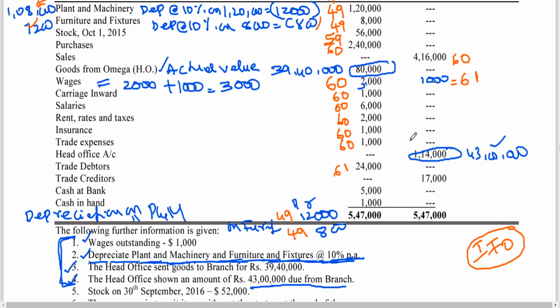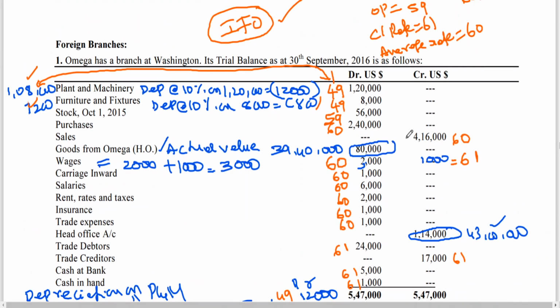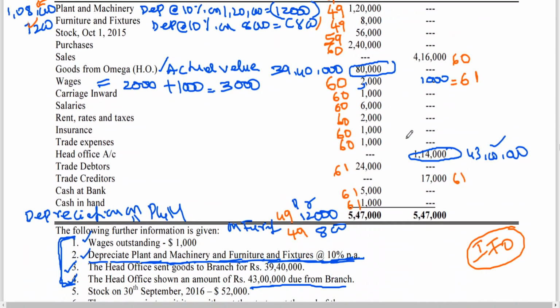I told you already: debtors, creditors, cash at bank, cash in hand, outstanding expenses and prepaid expenses all come under the closing rate. So cash at bank, closing rate. Cash in hand, closing rate. Even creditors, closing rate. Then definitely you will have a difference.